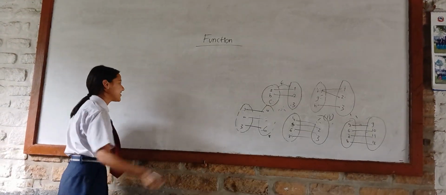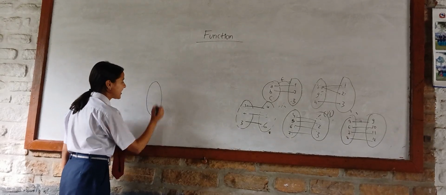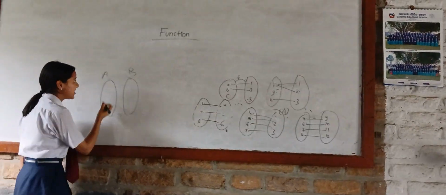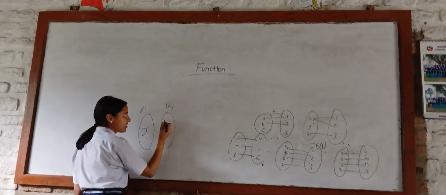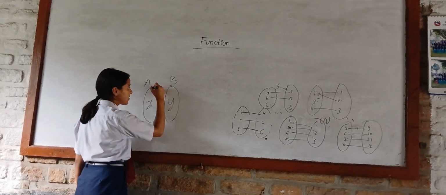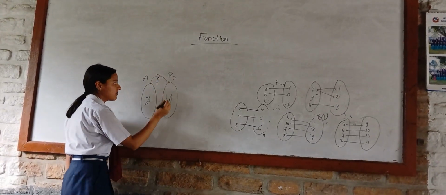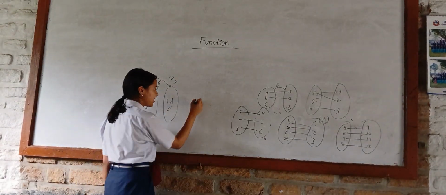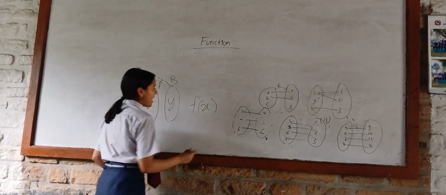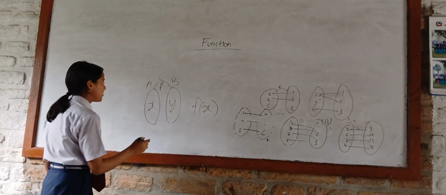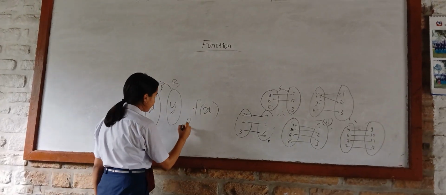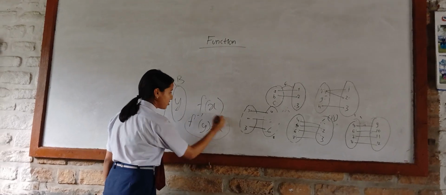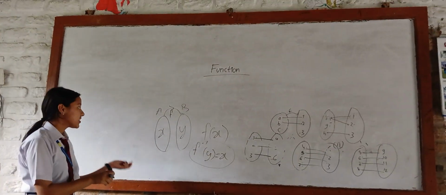Let me draw the set A and set B. The element of set A is x and the element of set B is y, having the function f, and y is the image of x, so it can be written as y equals f of x. The relation between them is f inverse of y equals x, which is known as the inverse image of y.